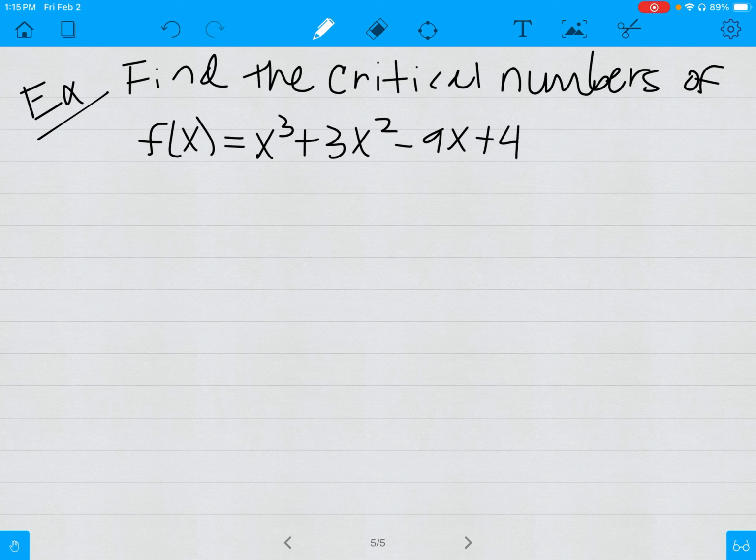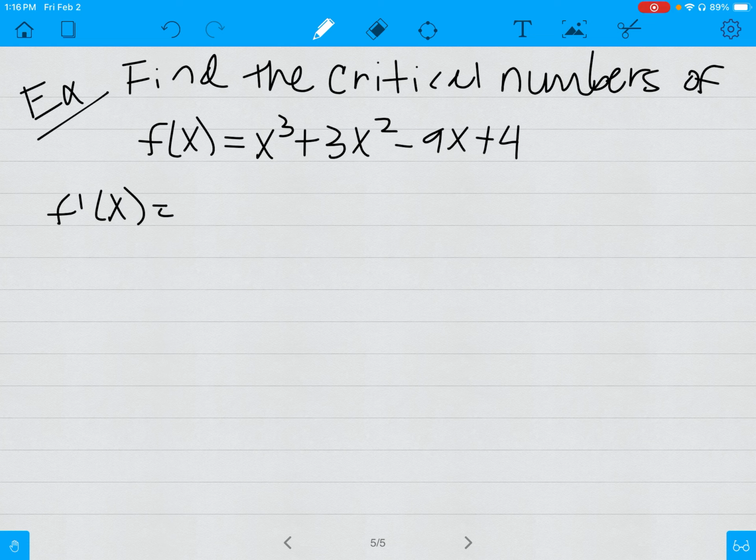Well, according to the definition, to find critical numbers, we need to know something about the derivative of the function. Because the defining feature of a critical number is that either the derivative of the function at that number is 0, or the derivative of the function at that number does not exist. But both of those require me to know what the derivative of the function is. So our first step is actually to find f prime of x.